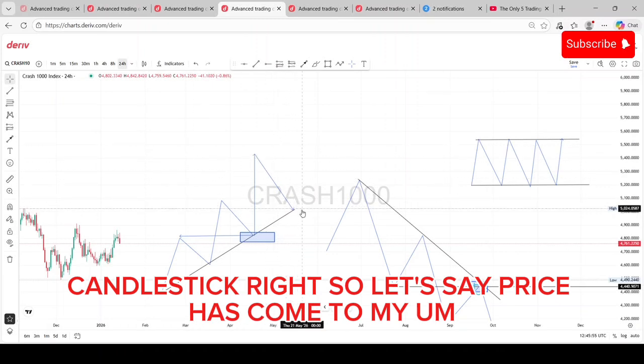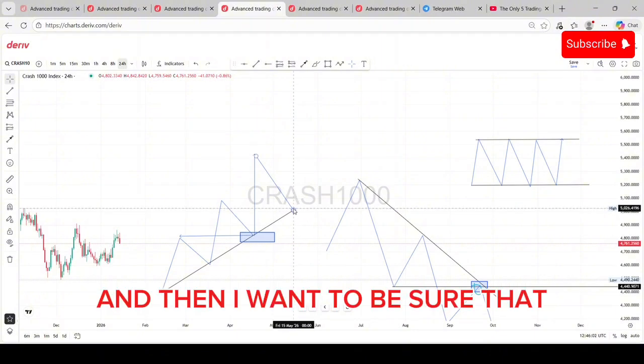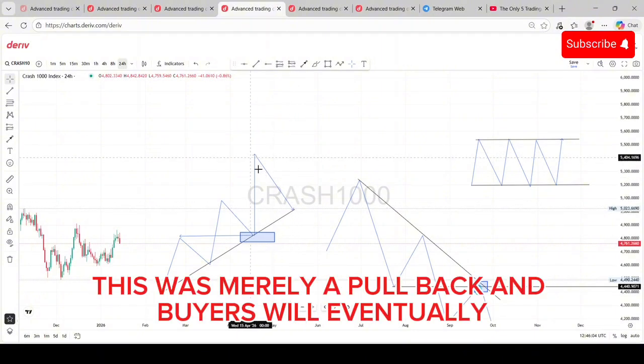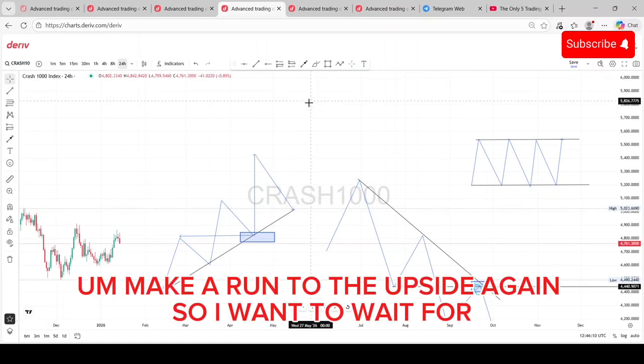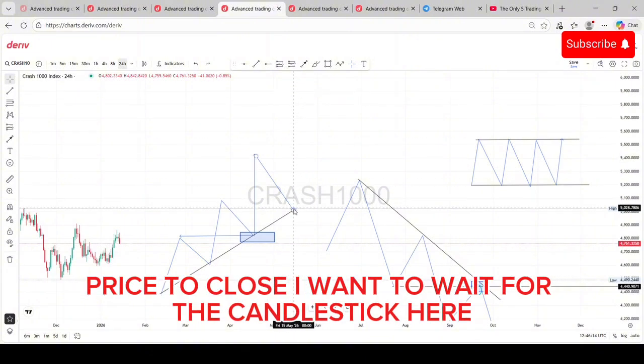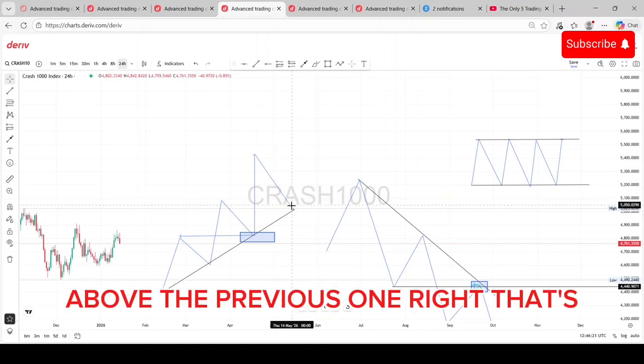So let's say price has come to my support here, my trend line here, and I want to be sure that this was merely a pullback and buyers will eventually make a run to the upside again. So I want to wait for the candlestick here to close, and I want to see the next one close above the previous one, right? That's that simple.